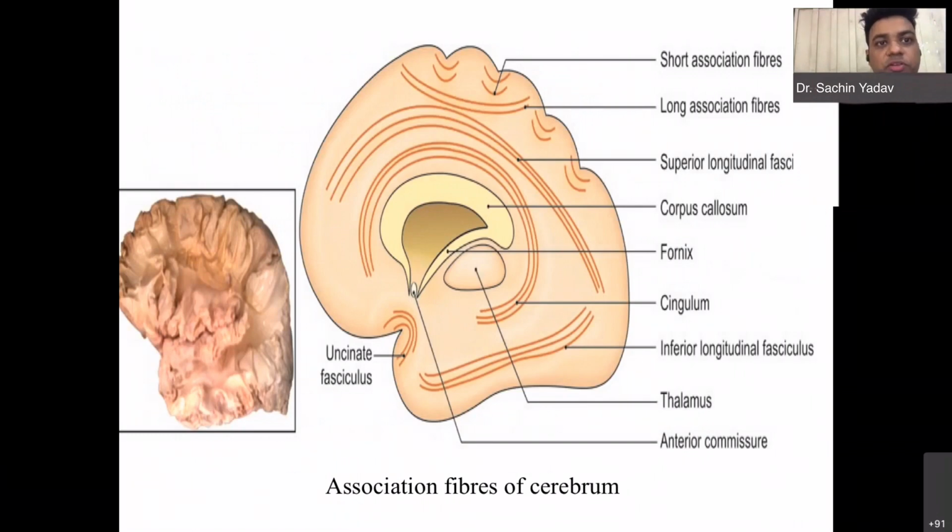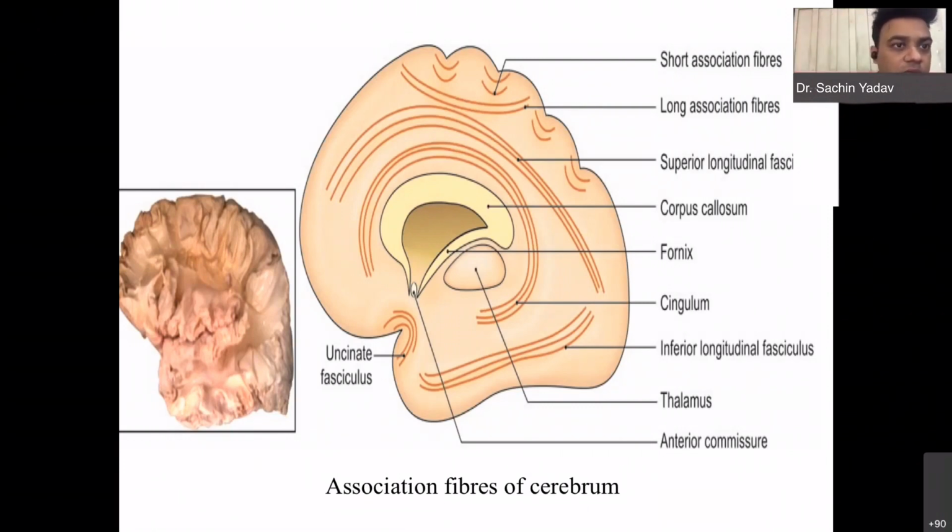You can see in the upper part the short association fibers connecting adjacent gyri. The long ones travel a long distance to connect gyri present at a distance, not near to each other.